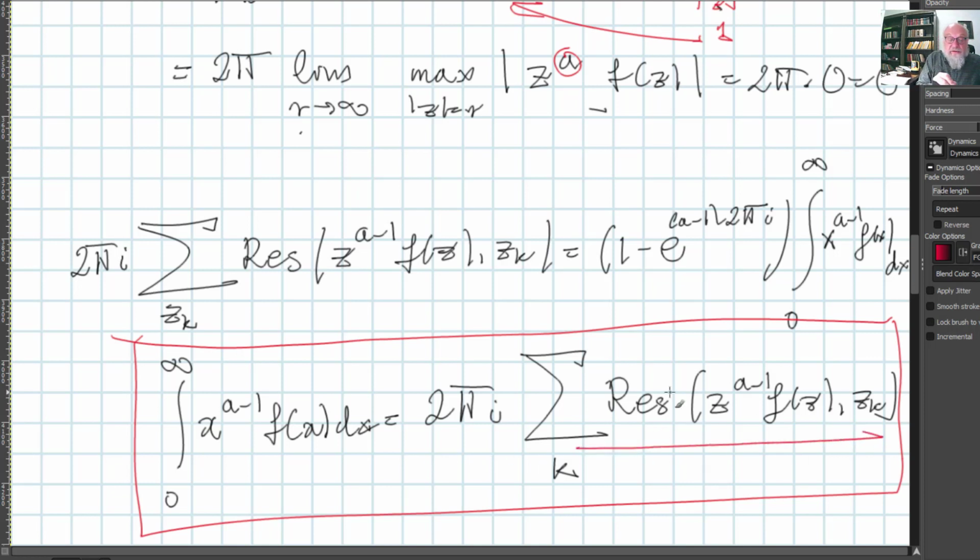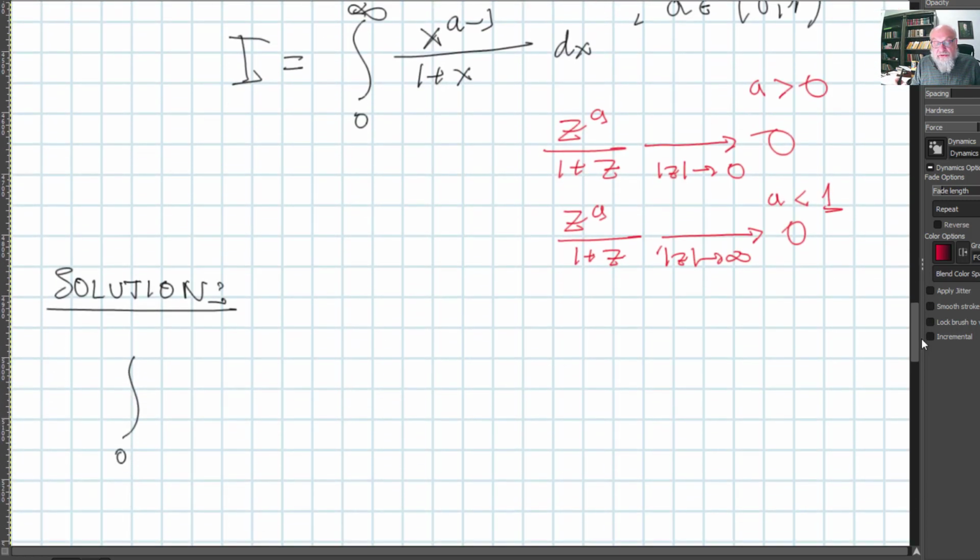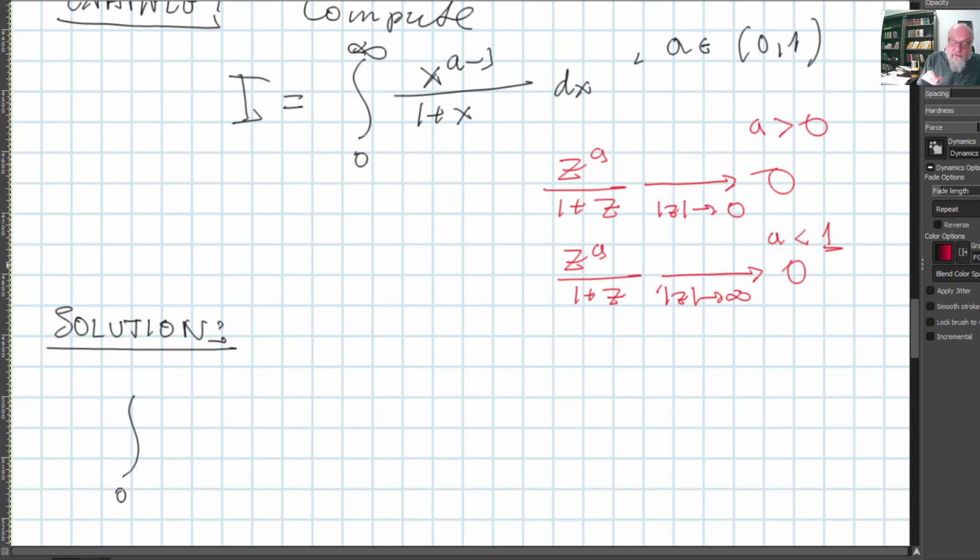This is the correction: divided by 1 minus e to the a minus 1 times 2 pi i. We forgot to divide. And now when I looked at the solutions, I was feeling like, yes, something is missing. To be sure that we understand what was wrong, let me write the formula again.